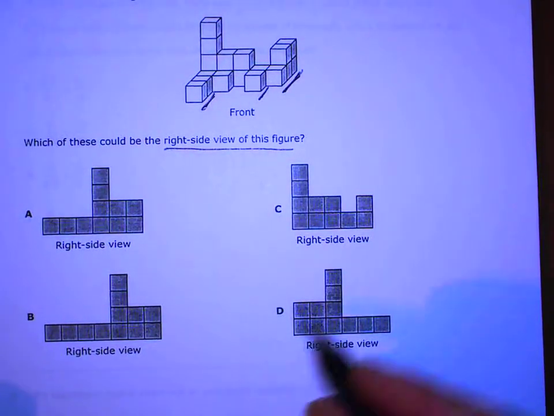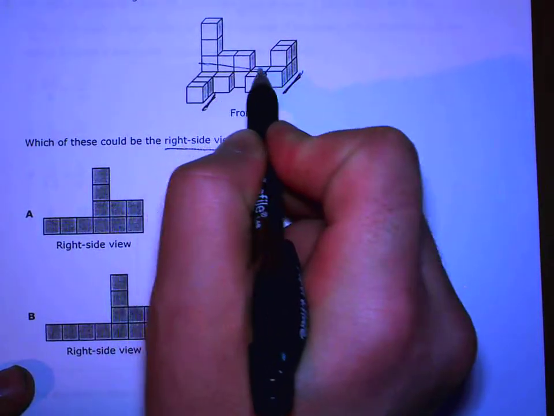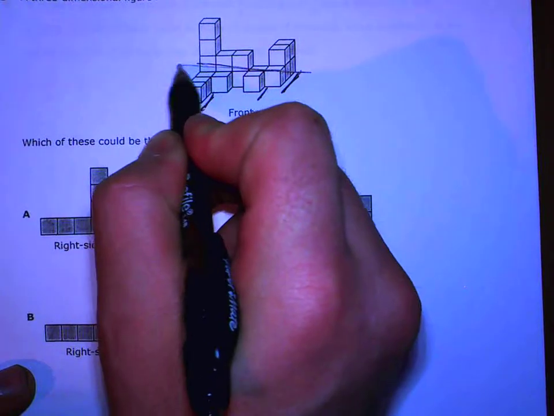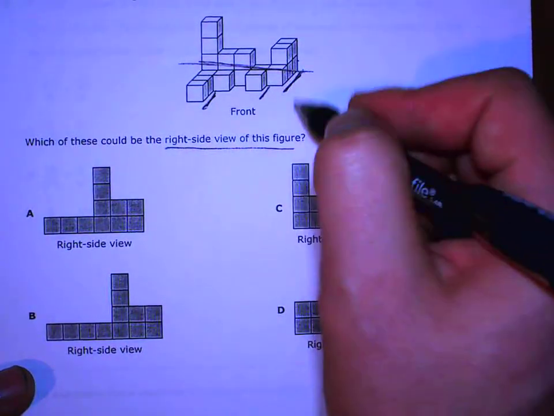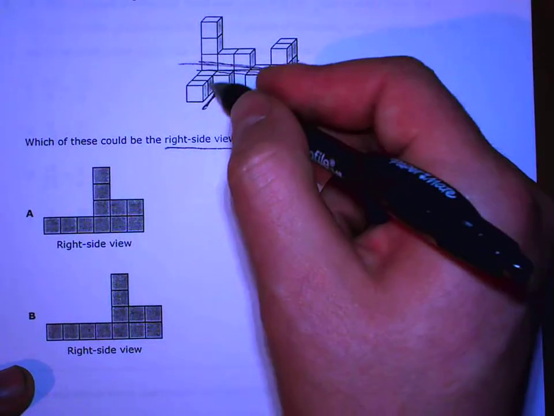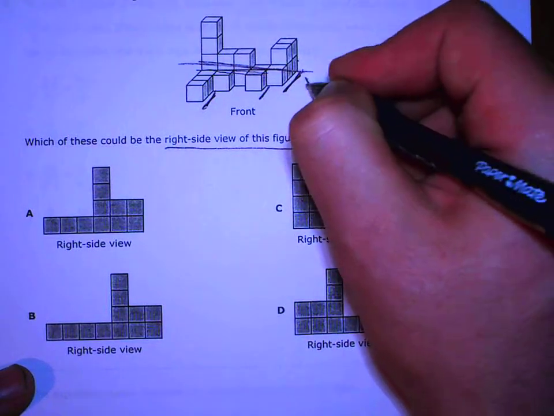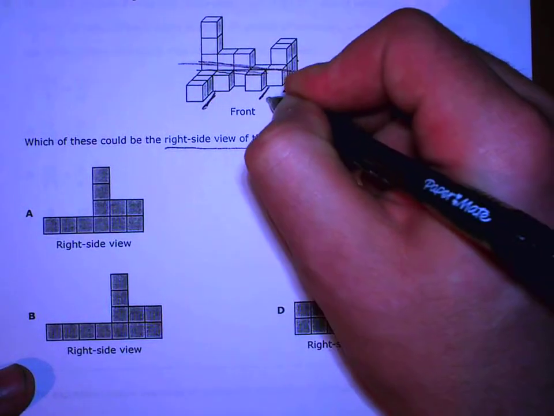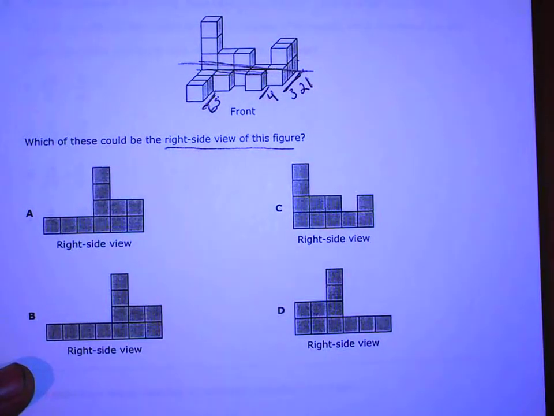Now, look at this. I'm going to draw a line straight through here. This is the middle of that object. I got 2 spaces to the right, 1 in the middle. These 2 are stacked on top of each other, followed by these 2. So what I've got is 1, 2, 3, 4, 5, 6. My base can only be 6 long.